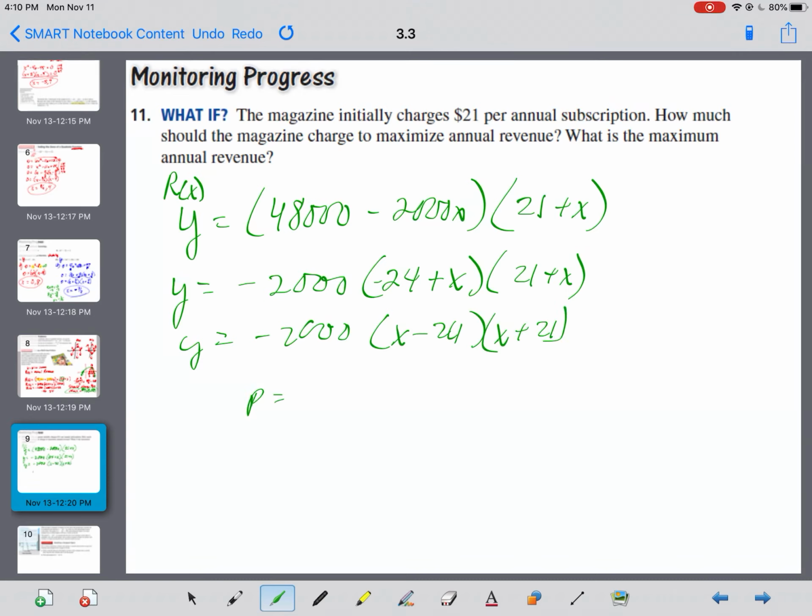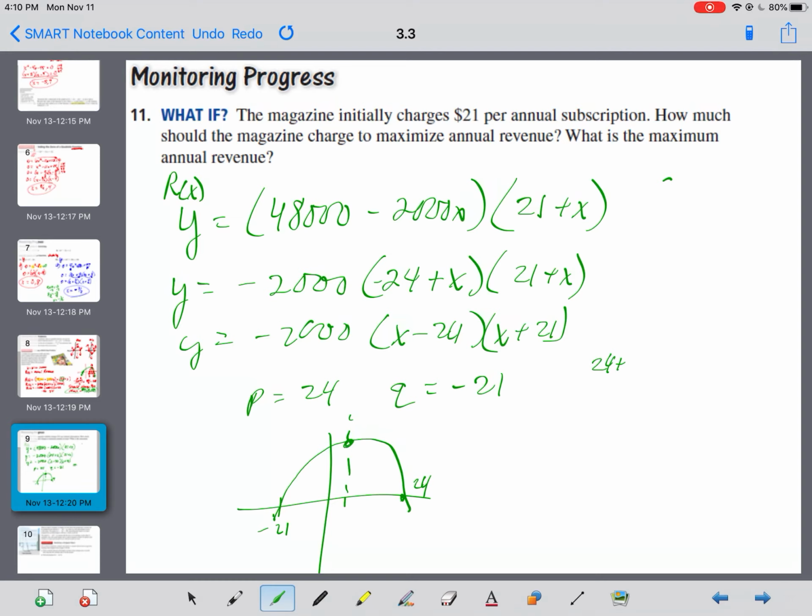So our P is 24. Our Q is negative 21, so our graph is negative 21 to 24. We want to be in the middle somewhere.